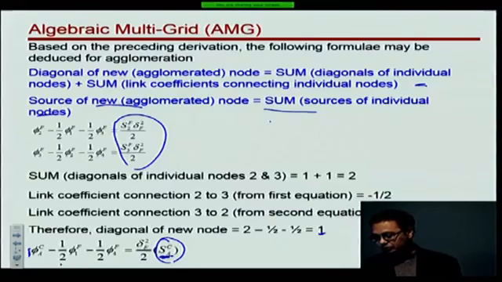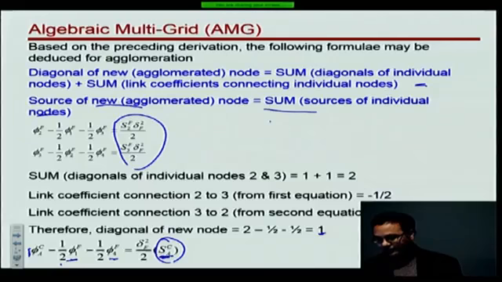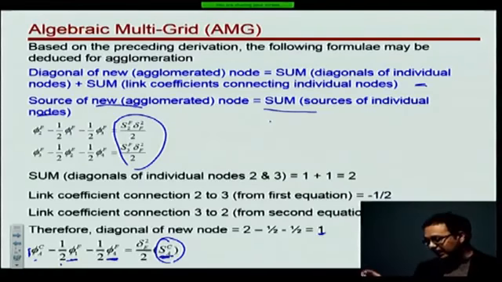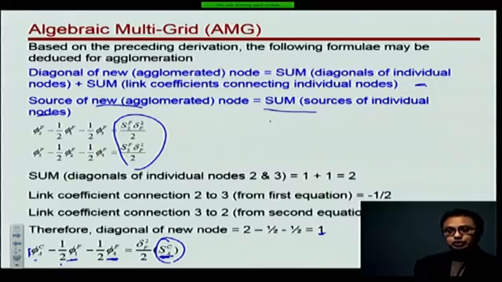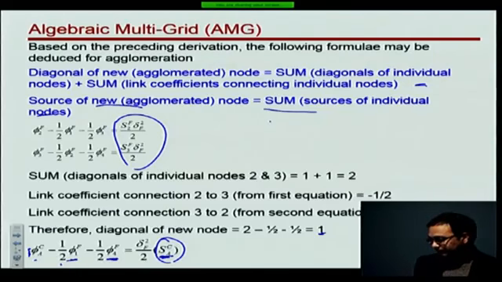You will basically have another node which you can call, let's say, B. So you will have node 1 to the left of A, and node B to the right of A, and so this equation will also get modified. So agglomeration not only changes the equation for the particular node which you agglomerated, it may also change the equations for the neighboring nodes. So it's a little bit complex in that sense.